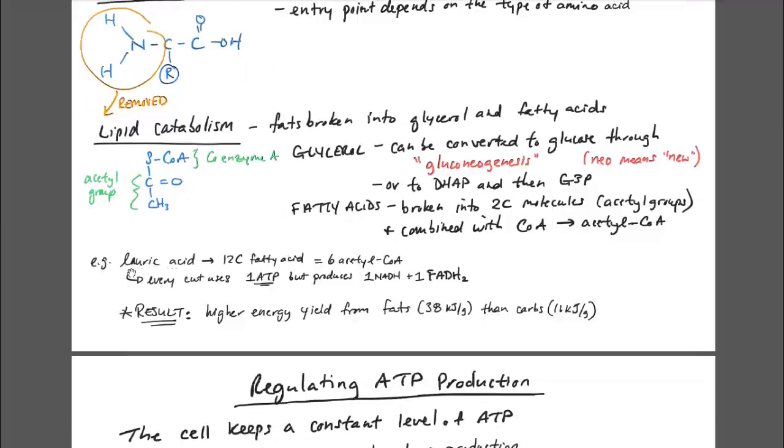Here's an example here. Lauric acid is quite a long fatty acid chain. It's got about 12 carbons. That's why it's called lauric, 12 carbons. Which means if I was to chop it into 2 carbons each, I would get 6 acetyl-CoA out of that. Now, it does require some energy, so it's going to use 1 ATP for every cut it makes of the fatty acid, but it's going to produce 1 NADH and 1 FADH2 for every time it does that.